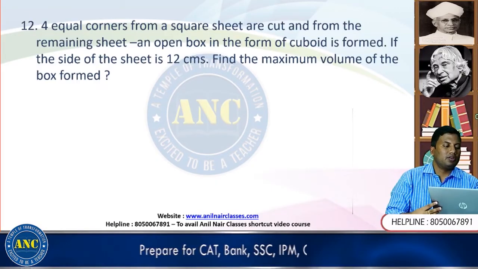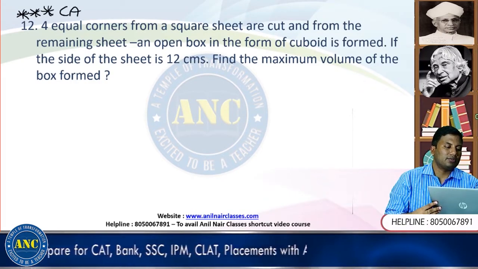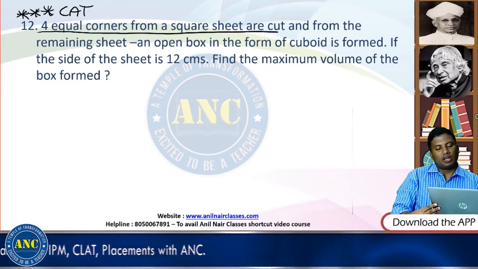Now the 12th one, which is an original CAT question. 4 equal corners from a square sheet are cut.